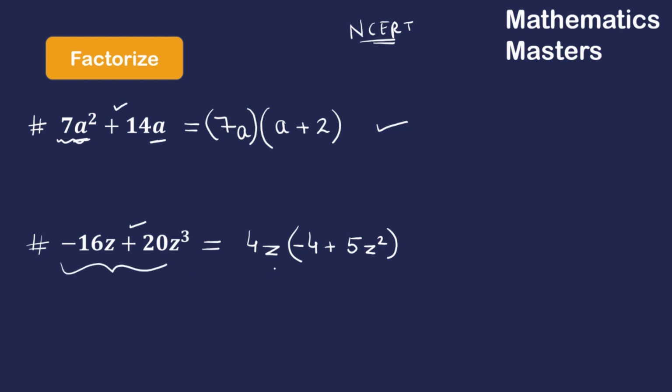So the factorization of the given expression is 4z multiplied by minus 4 plus 5z square. We can keep it like this also, or we can put the bracket over here so that we can visualize it perfectly.